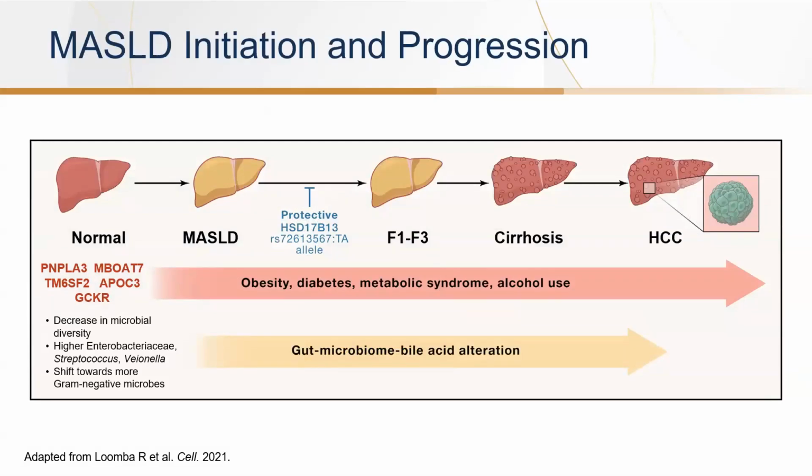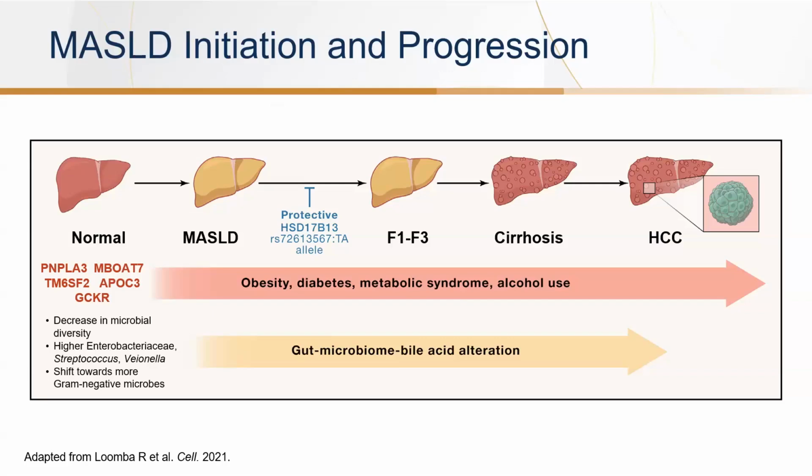Okay, so this graphic just shows us the progression of MASLD. So it starts with a normal liver, and then you see where the fat accumulation begins. There are genes that have been discovered that tend to put you at higher risk for progression to at-risk MASH and cirrhosis and development of liver cancer. There are also a few genes that have been shown to be protective.